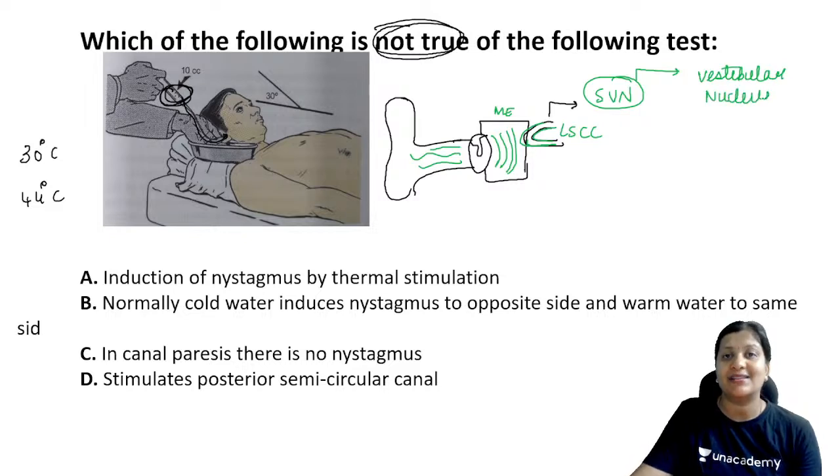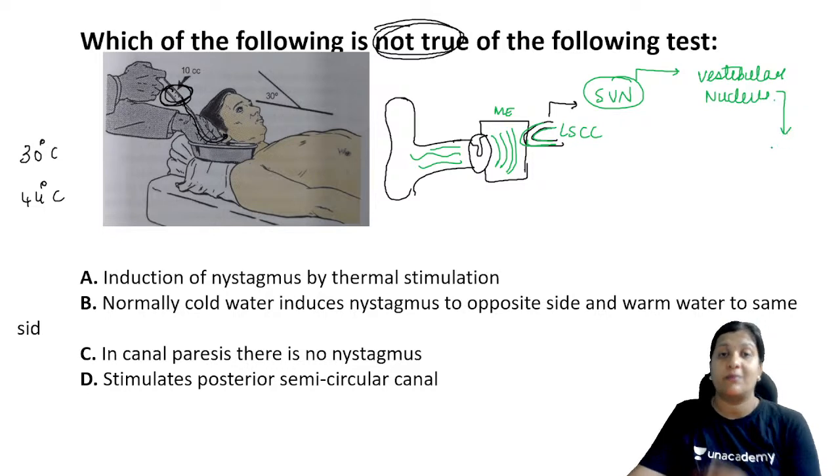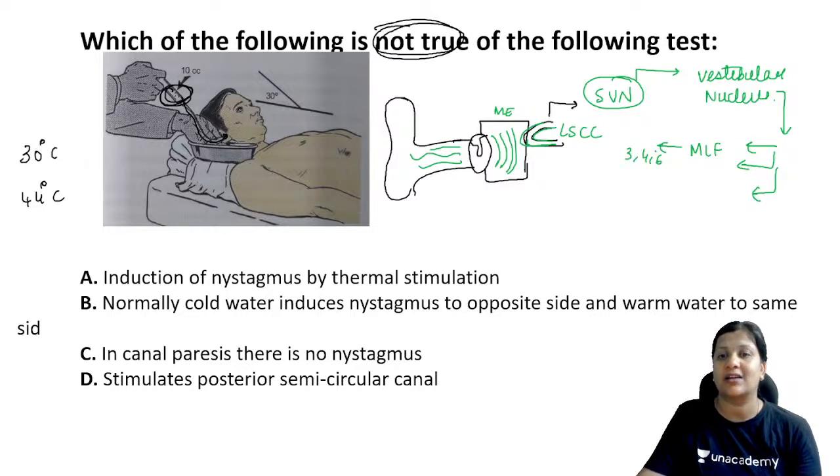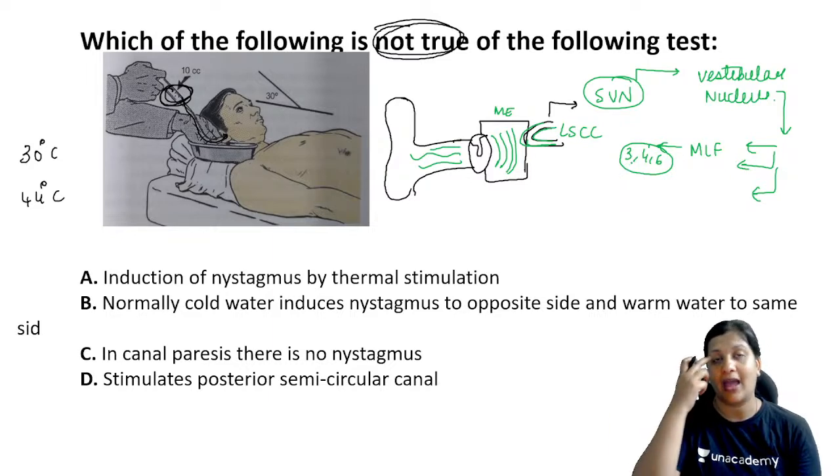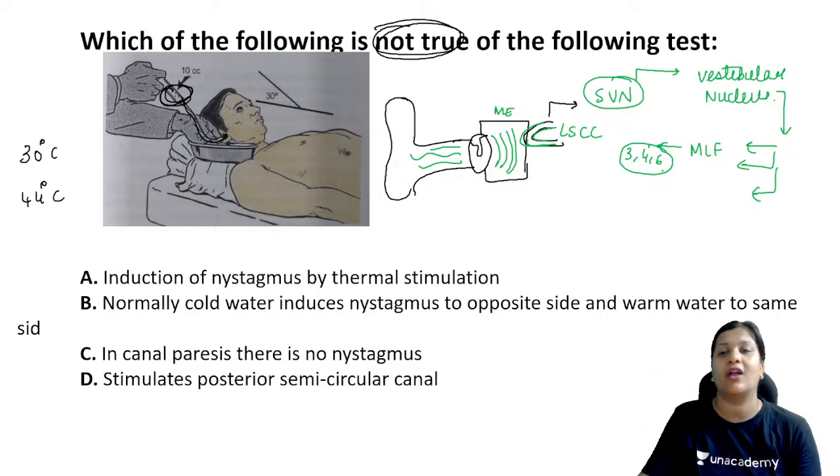Now, from the vestibular nucleus, the impulses will go to the brainstem. Now, from the brainstem, there will be three efferents. The first efferent will go to medial longitudinal fasciculus, where you have third, fourth, and sixth nerve nucleus. So third, fourth, sixth, oculomotor, trochlear, and the abducens supply the extraocular muscles.